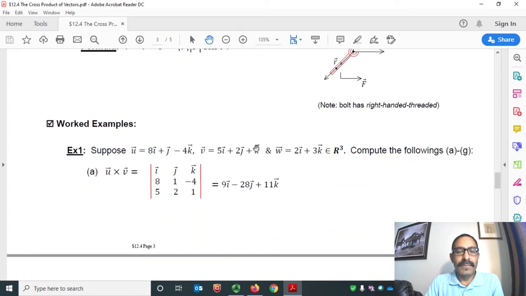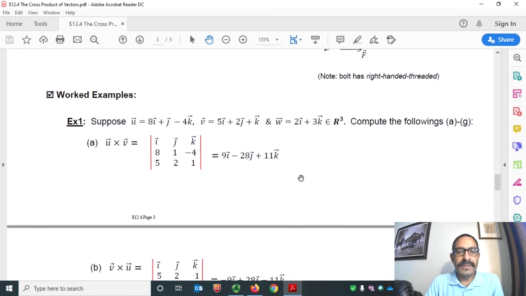First, worked examples. Suppose we have three vectors in space, or in R cubed: vector U with this component, vector V with this component, vector W with this component. Then compute the following sub-questions.